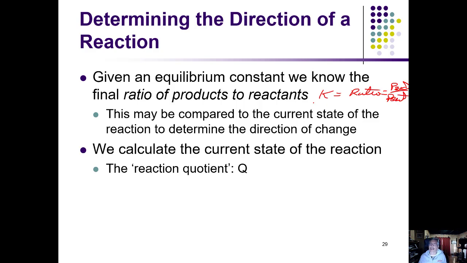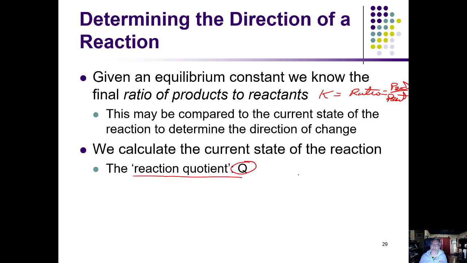Now, if we're not at equilibrium, we can actually calculate something called Q, the reaction quotient. And based on the magnitude of Q, is it greater than K or is it less than K, we can predict which direction the reaction is primarily having to go in order to get to K.